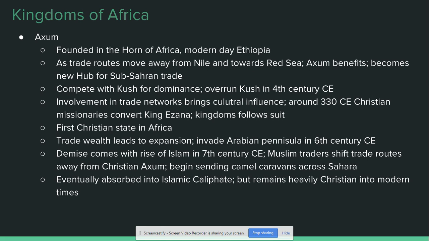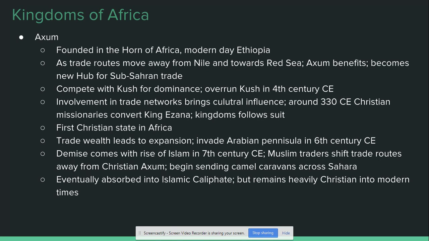Another really important thing to take away, and this is going to be kind of a theme, especially with sub-Saharan Africa going forward, is as these kingdoms become more involved in these large-scale trade networks with the rest of the world, the Middle East, the Mediterranean, India, Asia, more and more cultural diffusion and more cultural influence makes its way into Africa.